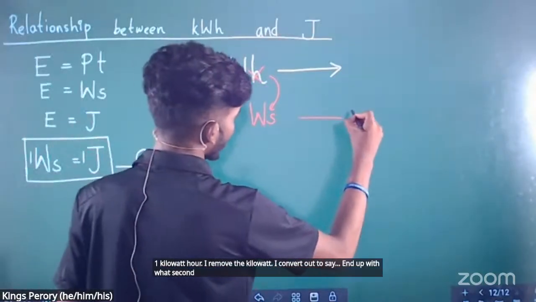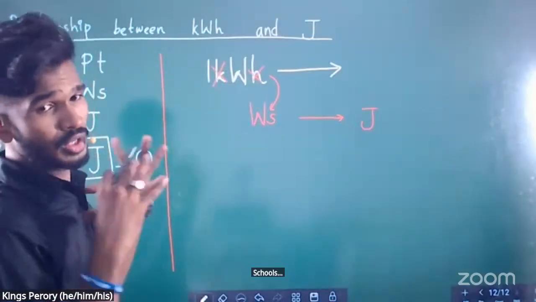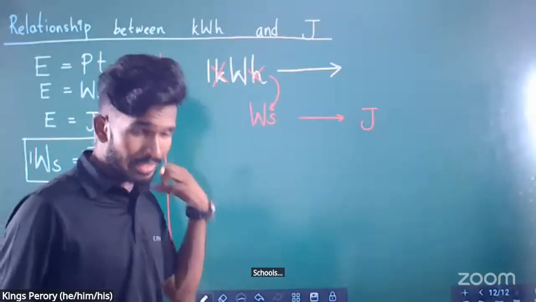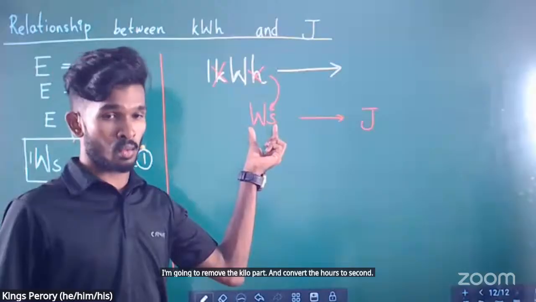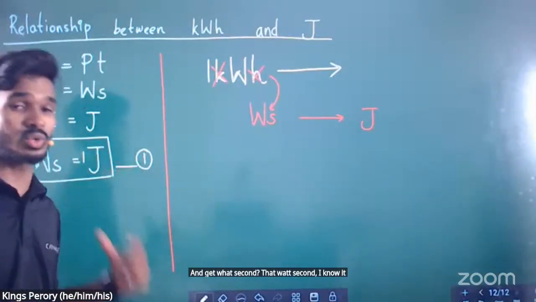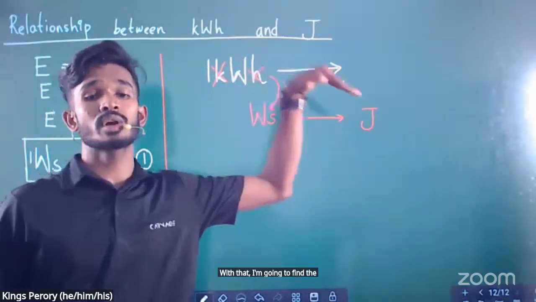Now watt second is what? Joules. So what I'm going to do now is remove the kilo part and convert the hours to second and get watt second. That watt second, I know it is equal to joules. With that, I'm going to find the relationship between kilowatt hour and joules.